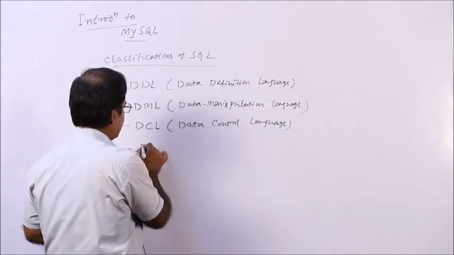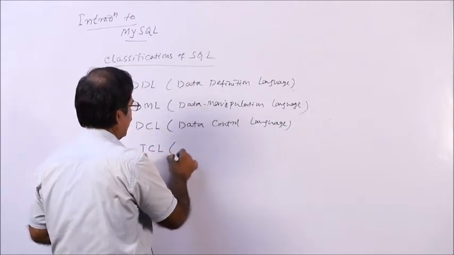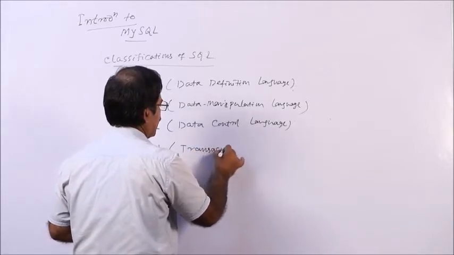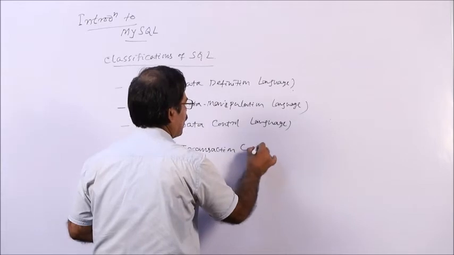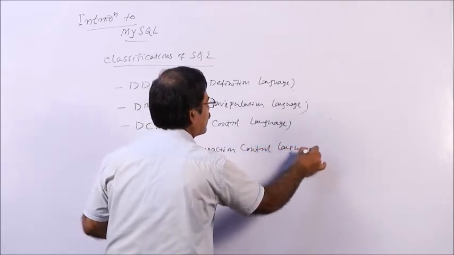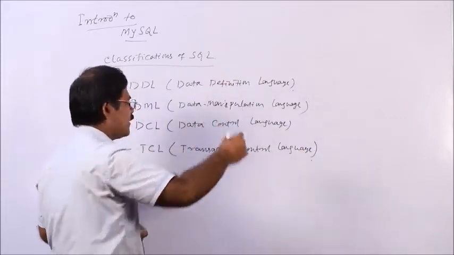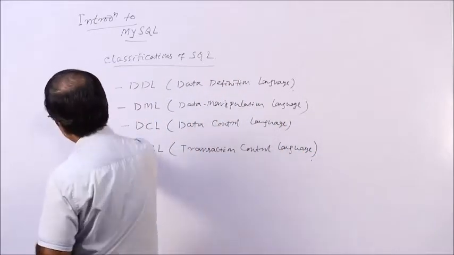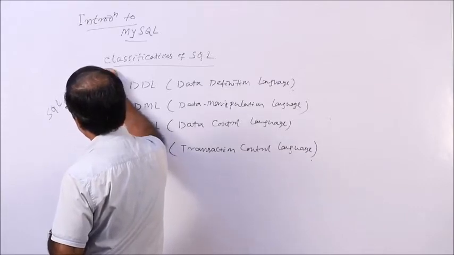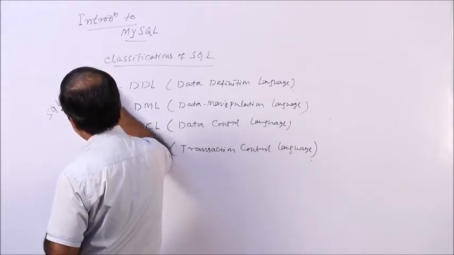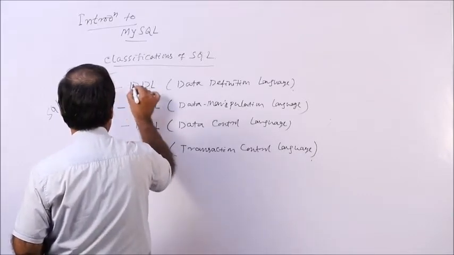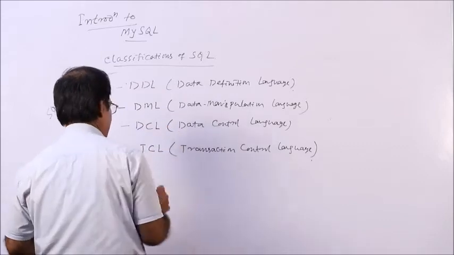Then the next one is TCL, transaction control language. The whole set of SQL commands, or statements, you can classify into 4 groups: DDL, DML, DCL and TCL.